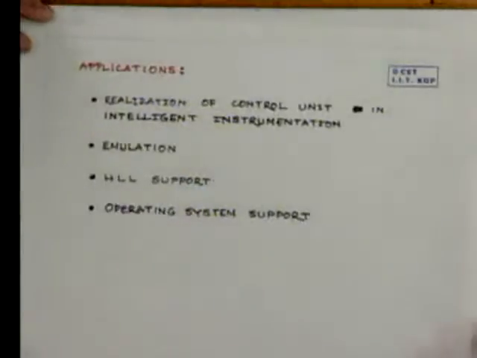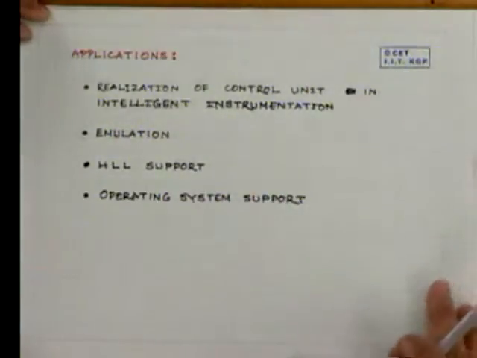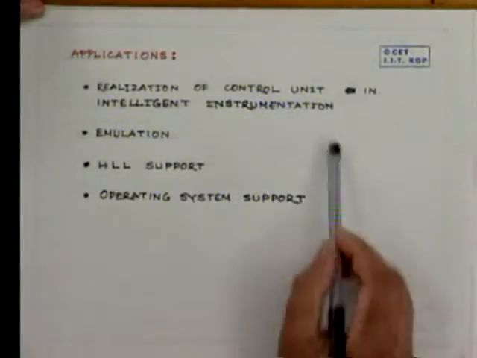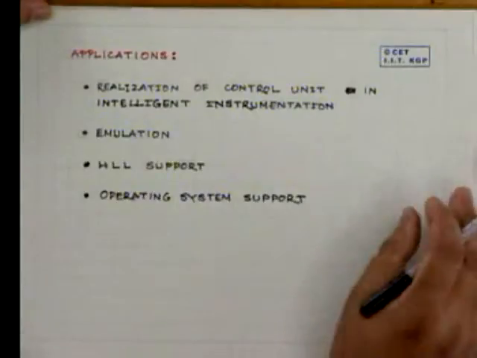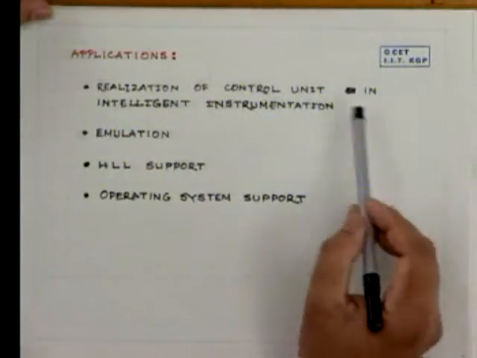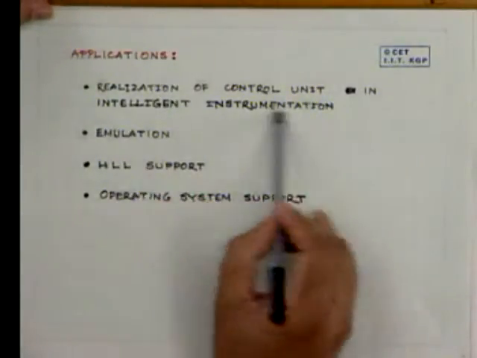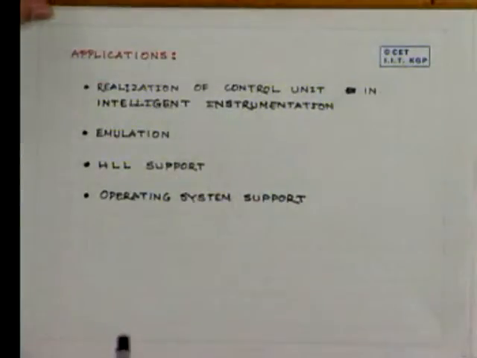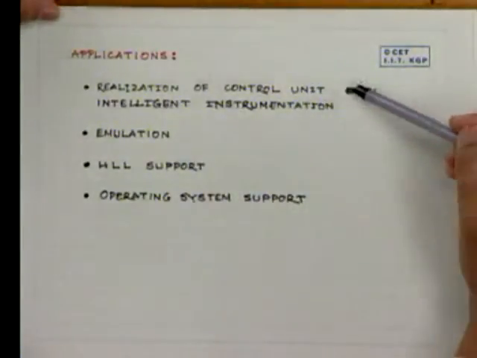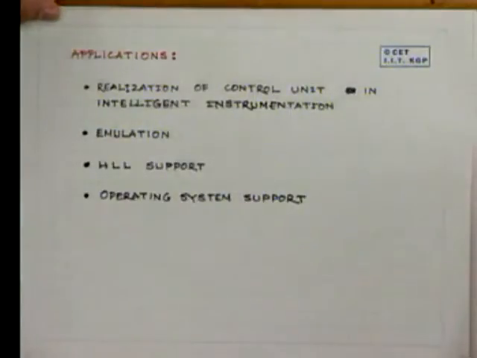Lastly, let us see, apart from realizing the control unit through microprogram, what the other applications of such a microprogrammed control unit can be. For intelligent instrumentation, as I was referring to a little earlier, a microprogram control unit is used.